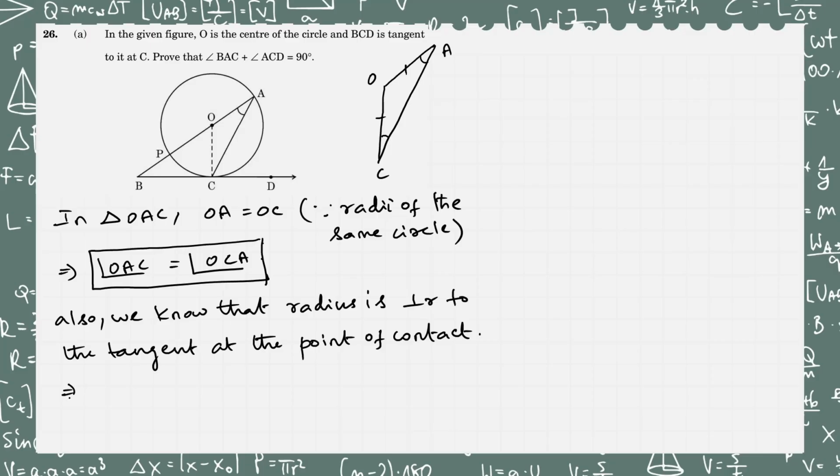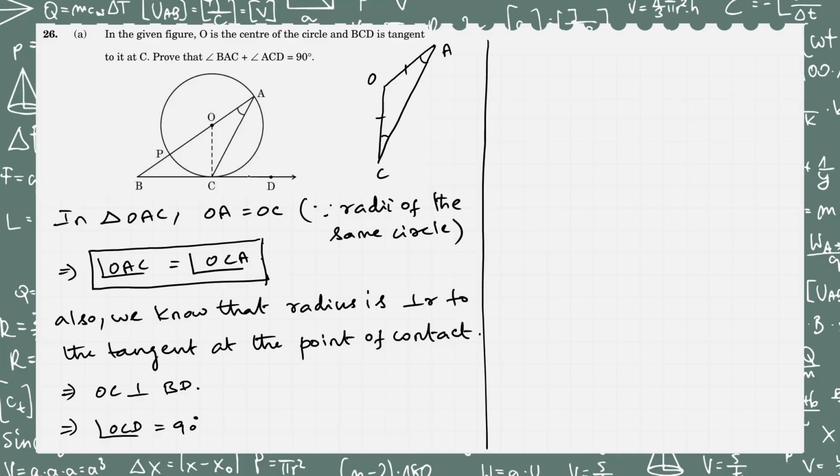So, that implies OC is perpendicular to BD, right? That implies angle OCD equals 90 degrees. Correct? And if you see in the picture, OCD is split into two different angles. One is OCA and the other is ACD.